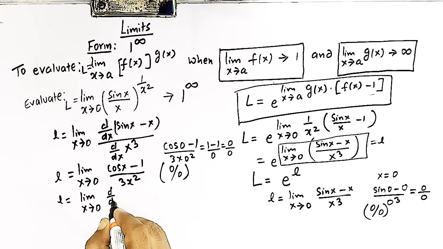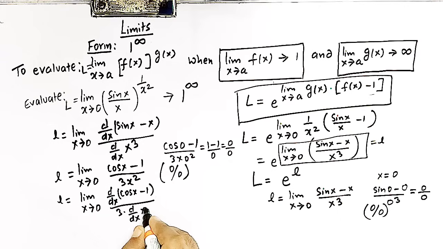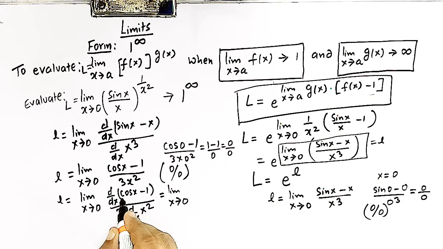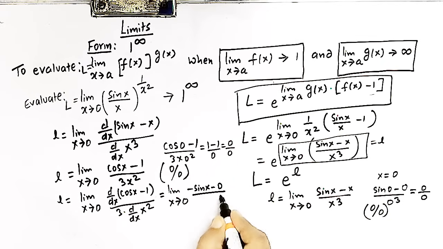So we have d by dx of cosine x minus 1, and 3 times the derivative of x square. We have limit x tends to 0, where the derivative of cosine x is minus sine x, the derivative of 1 being a constant is 0, and here we have 3 times 2x, since the derivative of x square is 2x. So we have a 6.